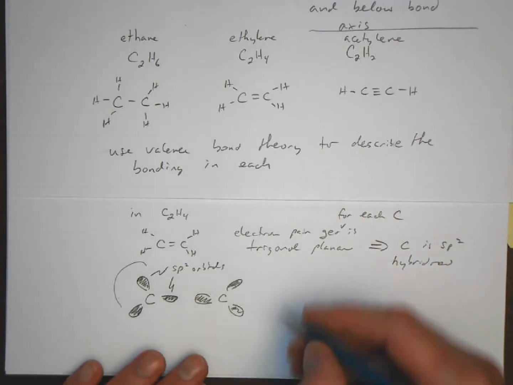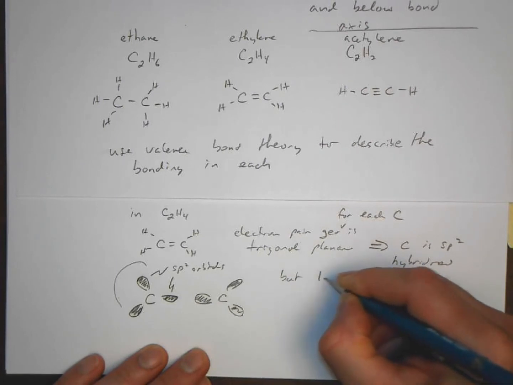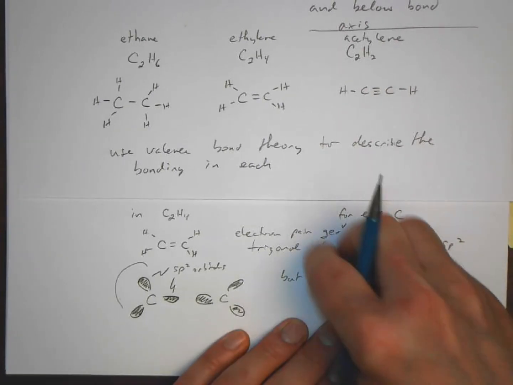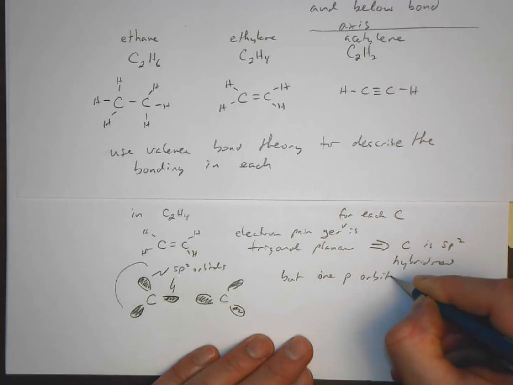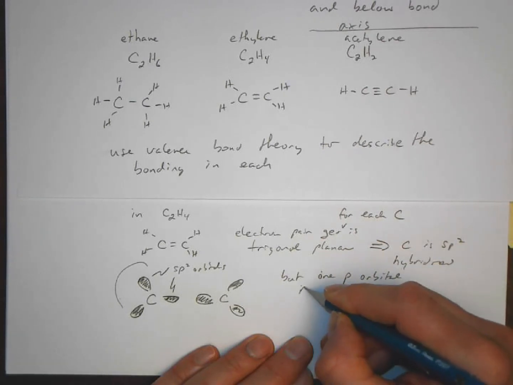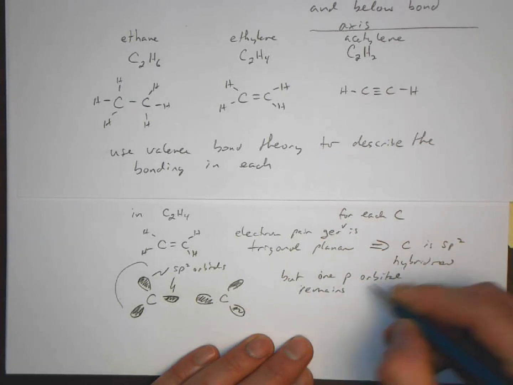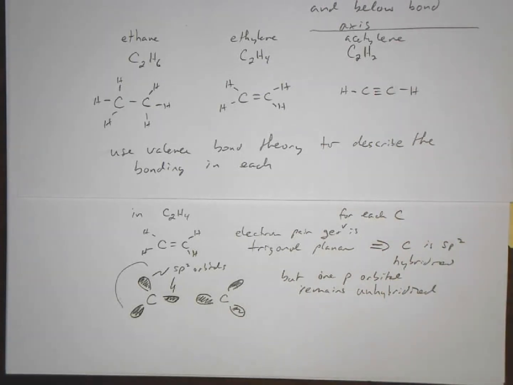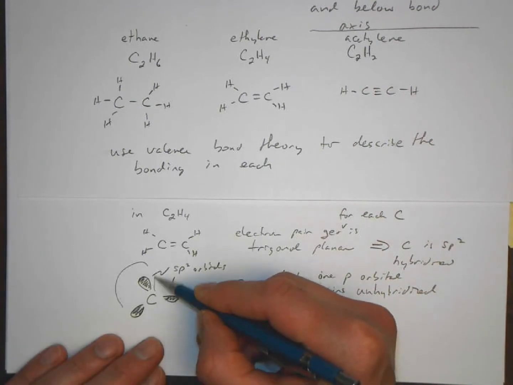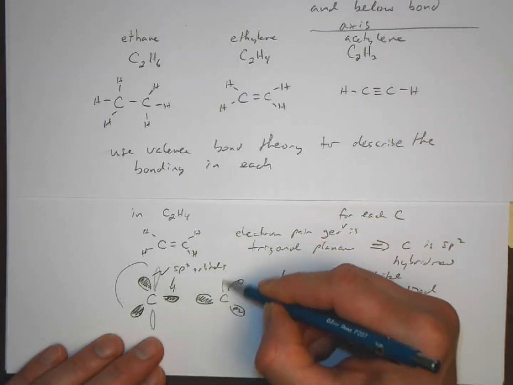That's there. The 1 p orbital remains unhybridized. That p orbital has a shape, we'll put it right here.